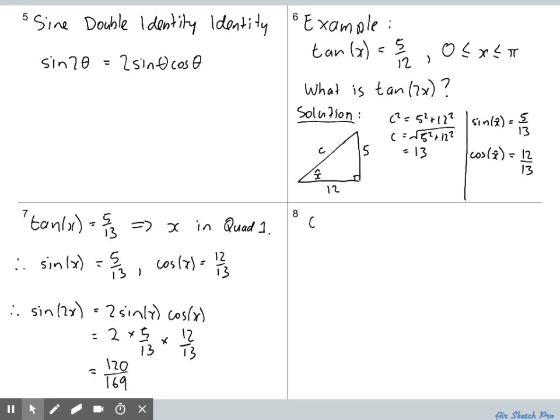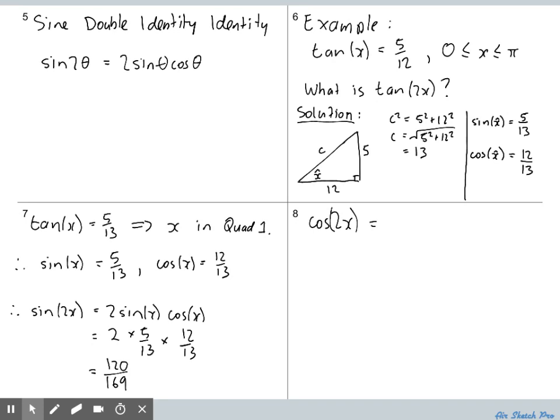And what about cos of 2x? Well, this is just a matter of deciding which of those forms of the identity we want to use. So I'm going to use cos squared theta minus sine squared theta, since we already have cos theta and sine theta. But you could have chosen one of the other ones. Any of them will get you to the same path.